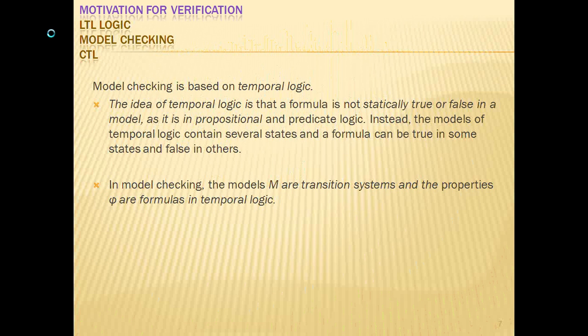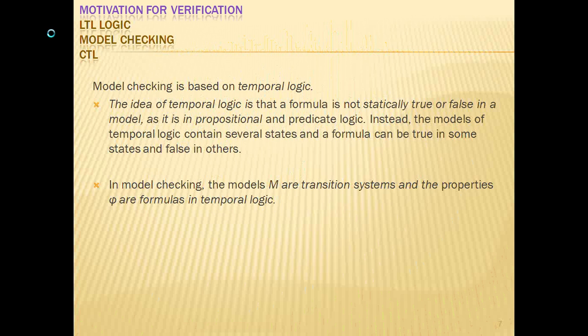Now model checking is based on temporal logic, and the idea of temporal logic is that a formula is not statically true or false in a model as in propositional or predicate logic. It means that in temporal logic we incorporate a view of time, so the formula can be true in some states and false in other states.